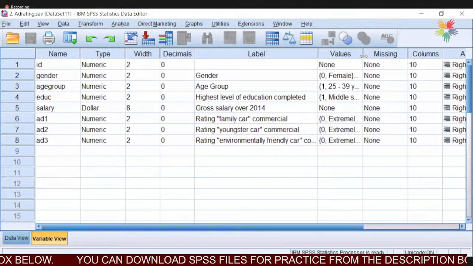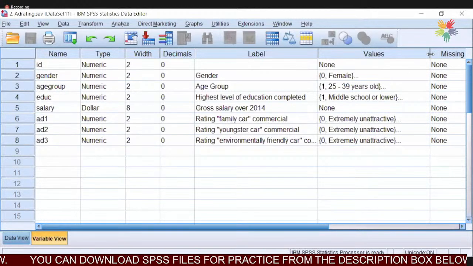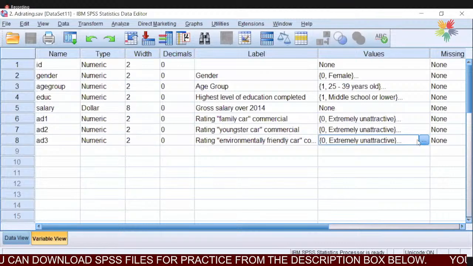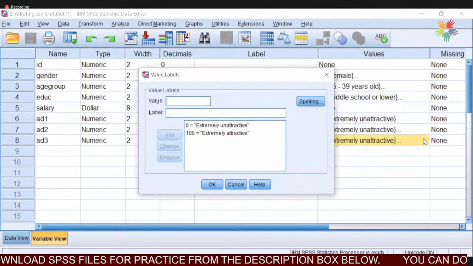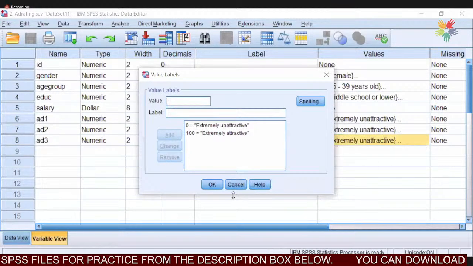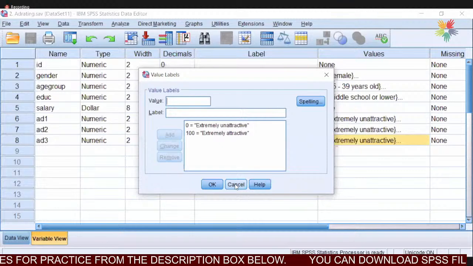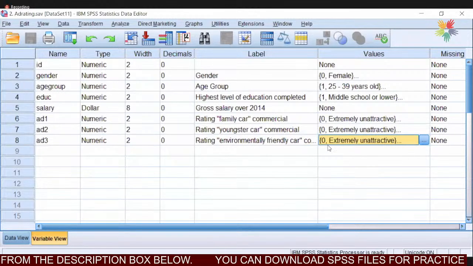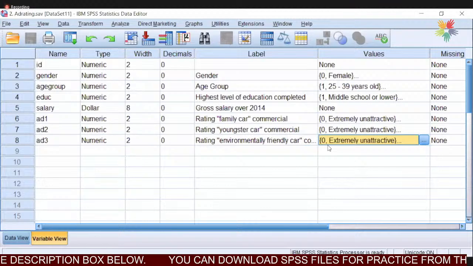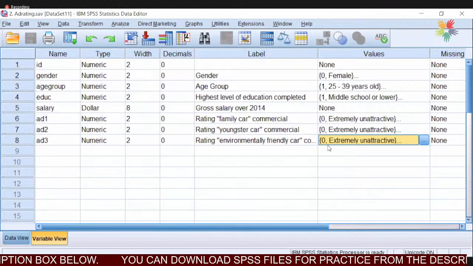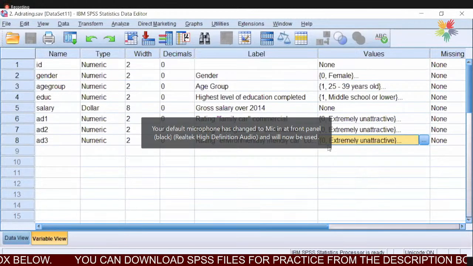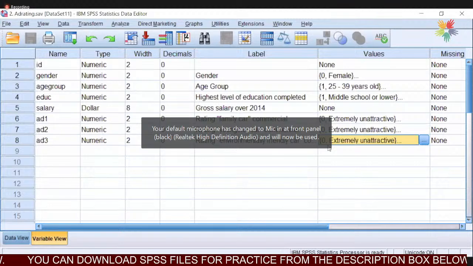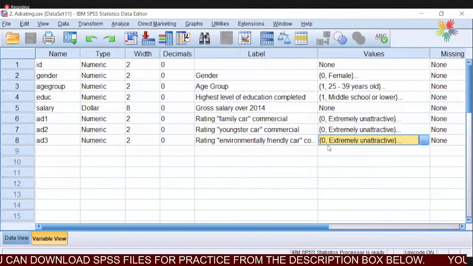It is rated on a scale from 0 to 100, a rating scale. It is interval data, starting from 0, where 0 does not have a true zero meaning.